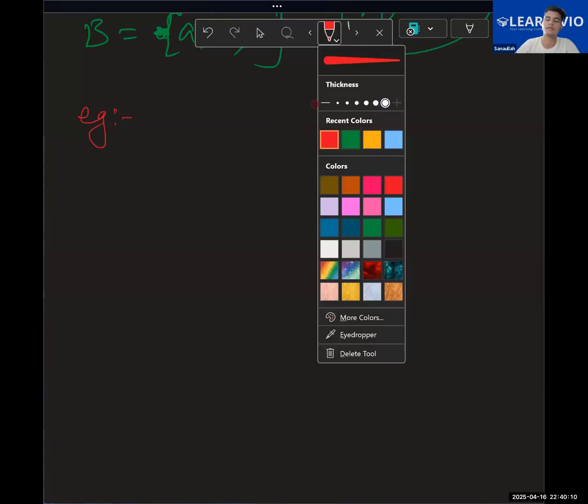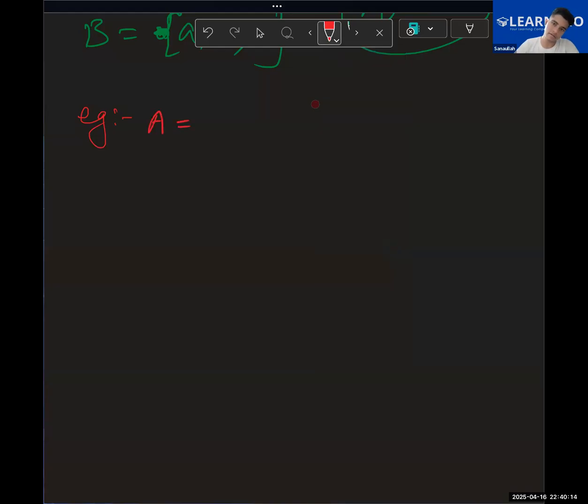Like you have a set A, let's say whole numbers less than 5.